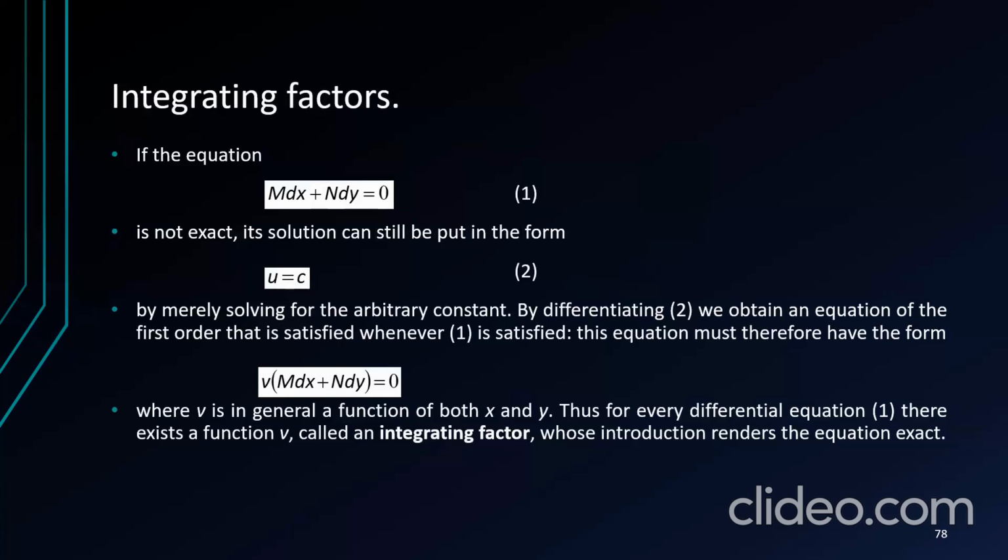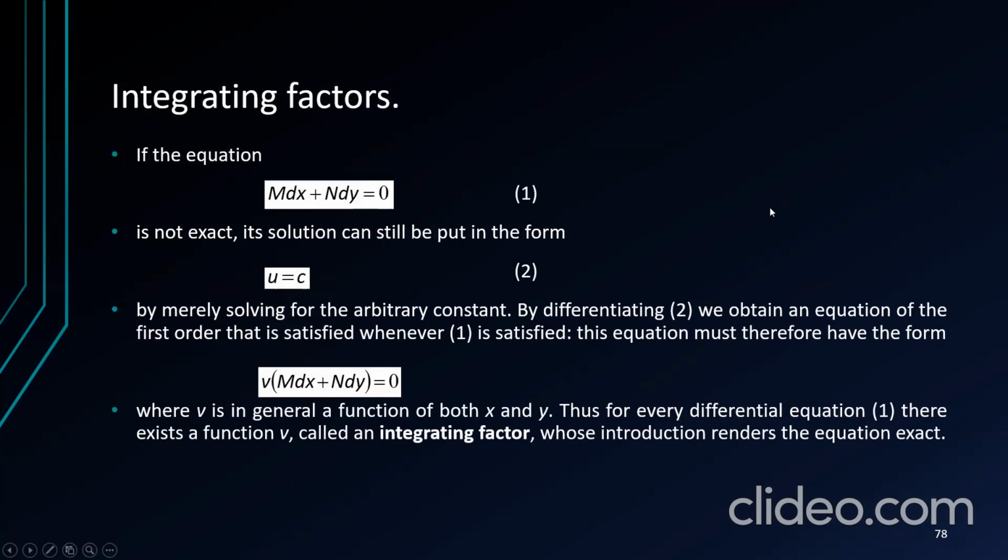This equation must therefore have the form of B times M dx plus N dy is equal to 0. So, ang B is in general a function of both x and y. Thus, for every differential equation 1, there exists a function B called an integrating factor, whose introduction renders the equation exact. Yan.